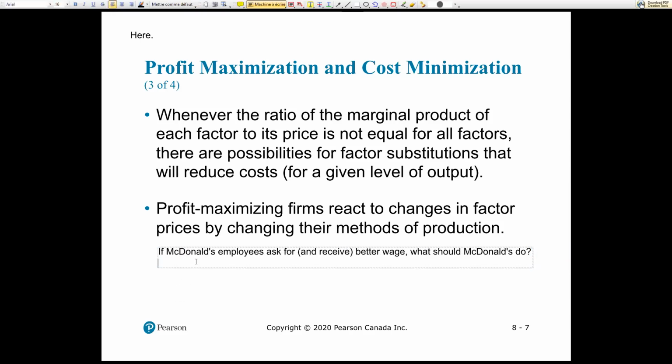Increase their productivity, so that they can earn more money to make the increase in wage. So yes. So what you're saying is train them better, for instance.